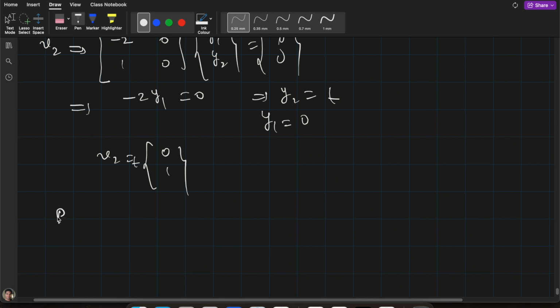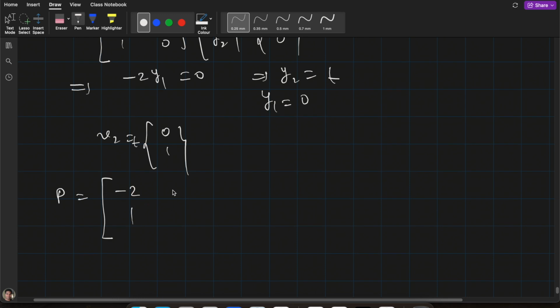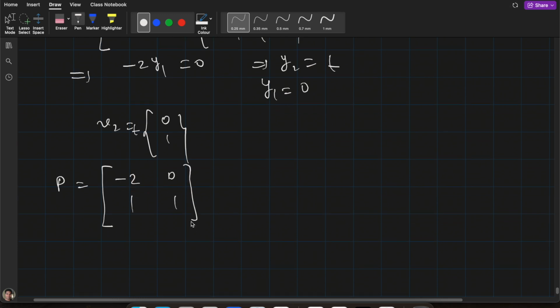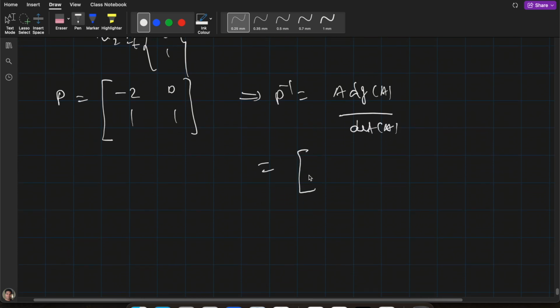So what is the P matrix? The P matrix will be just arranged as [minus 2, 0; 1, 1]. Okay, now find P inverse. P inverse is nothing but the adjoint of P divided by the determinant of P. And what is the adjoint? For the first element, the cofactor is 1.